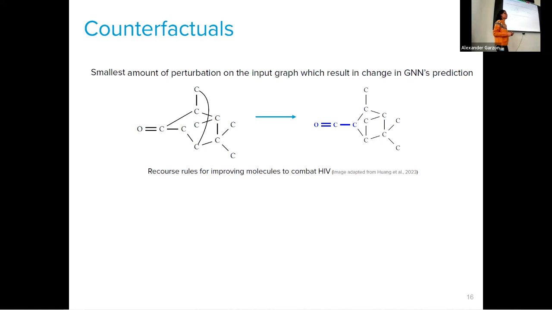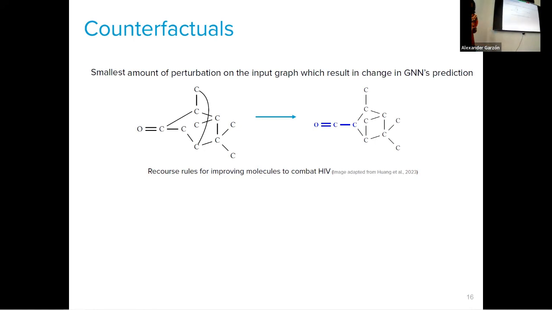The explanation you would want here is: what could I do to this molecule so as to change the prediction to a favorable prediction? These kinds of explanations, which give you a possibility for algorithmic recourse, are called counterfactuals.